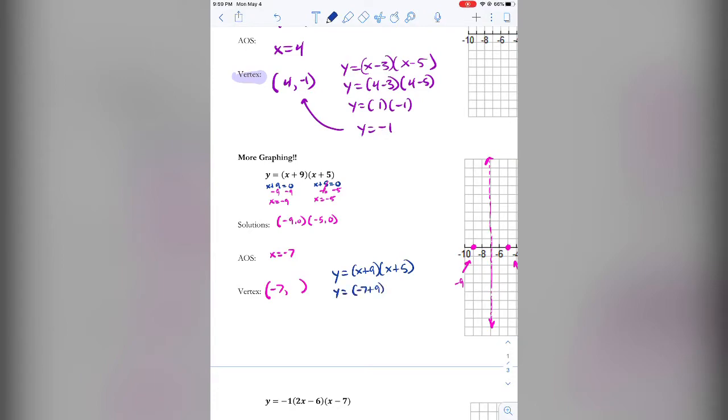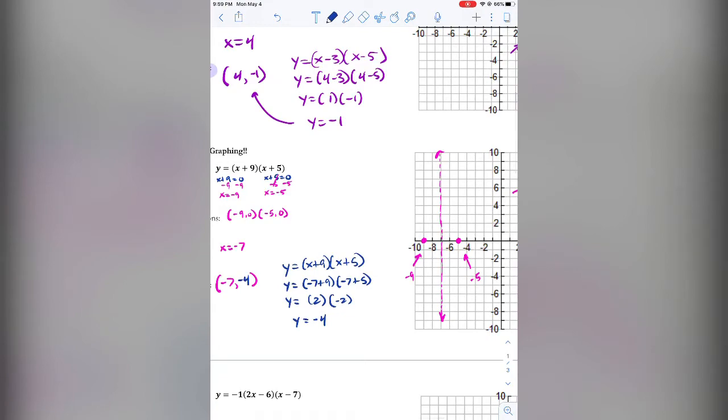So now -7 plus 9, -7 plus 5. -7 plus 9 is 2, -7 plus 5 is -2. So y equals 2 times -2, or -4. So your vertex is at -7, -4. There we go. And now we've got our graph.